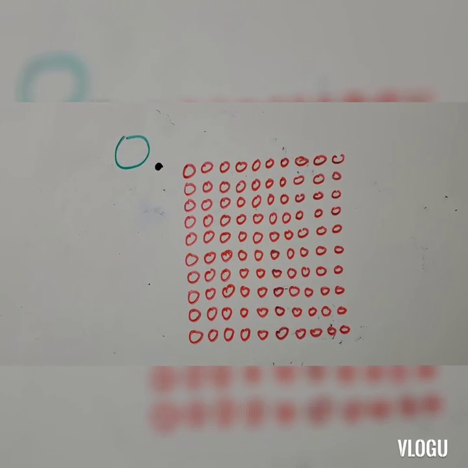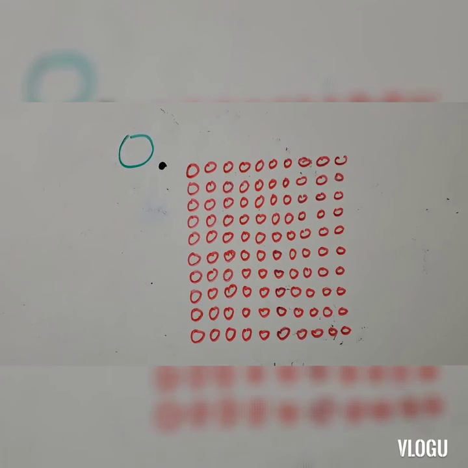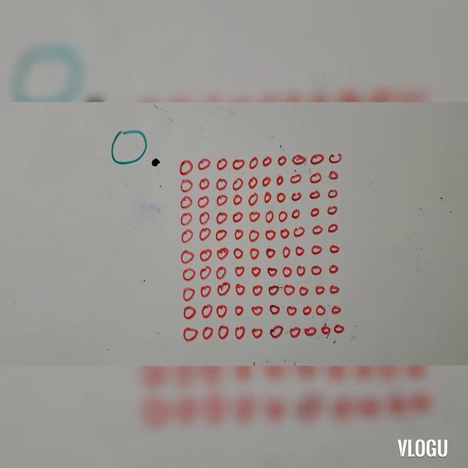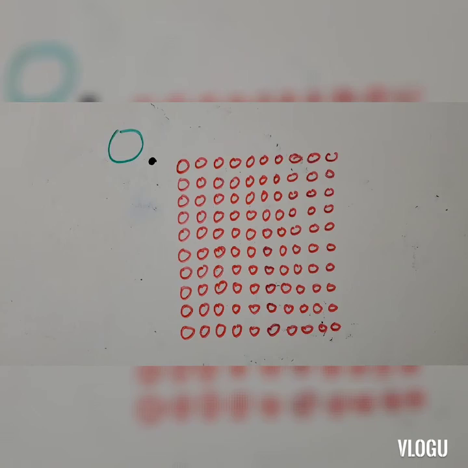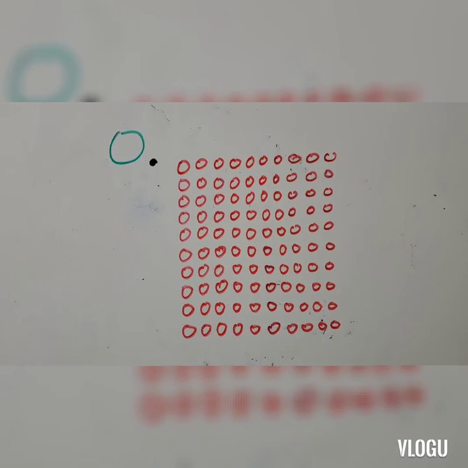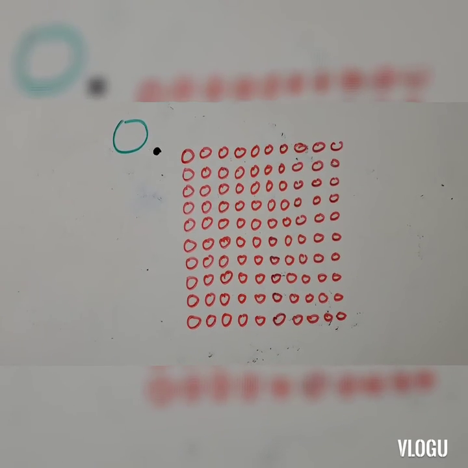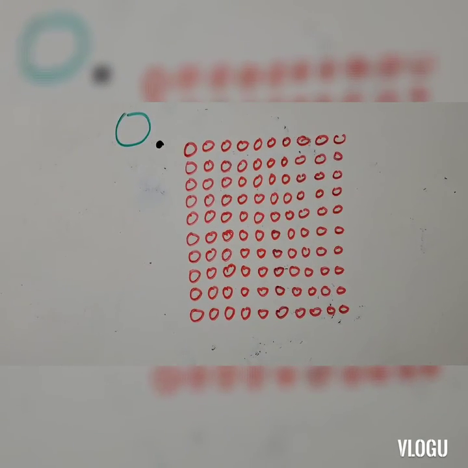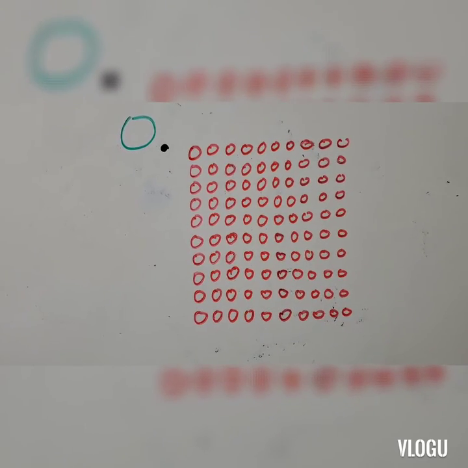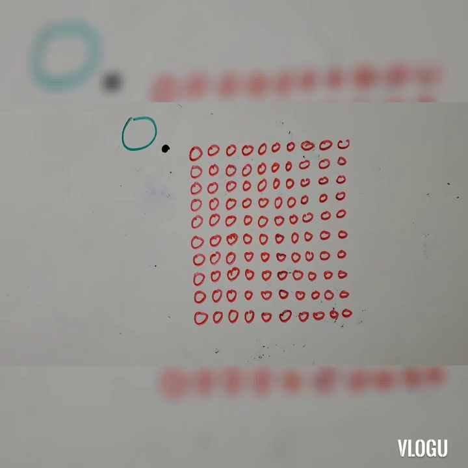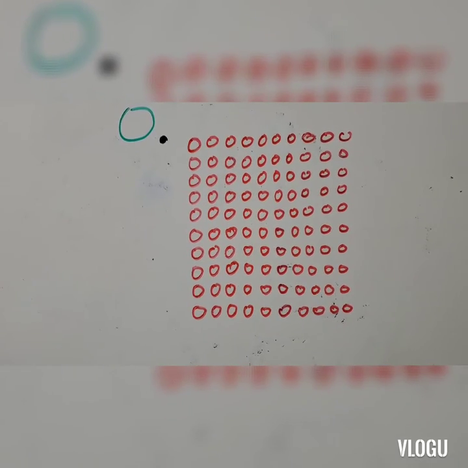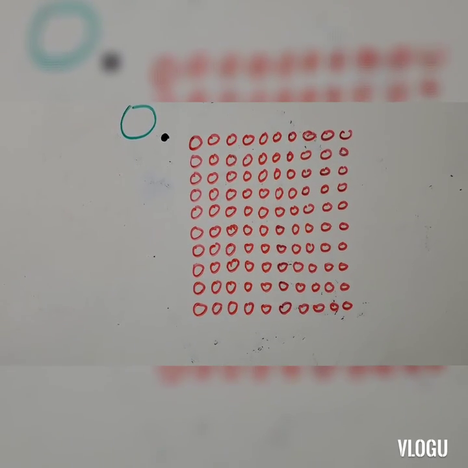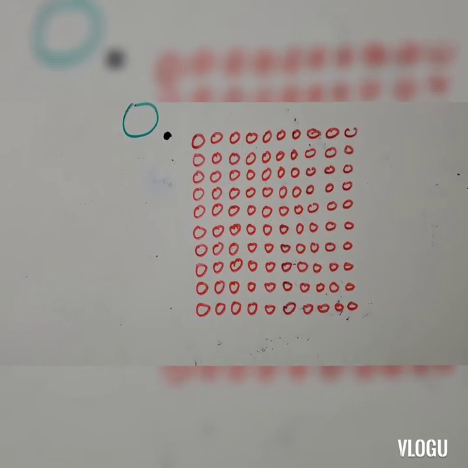If tenths is pieces out of 10, what do you think hundredths are? Hundredths are how many pieces you have out of 100. Here, my whole circle isn't broken into 10 parts. It's broken into 100 parts.